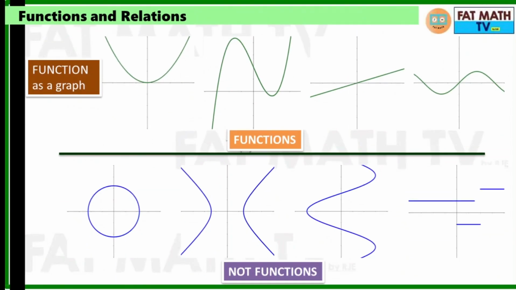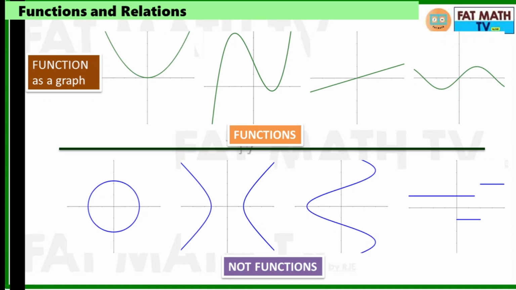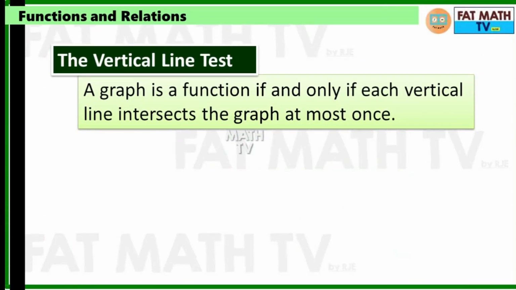Function as a graph. Functions can also be represented or illustrated using graphs. So the given graphs at the top are functions, while the ones at the bottom are non-functions. So how will you identify if the given graph is of a function or not? You need to perform the vertical line test.